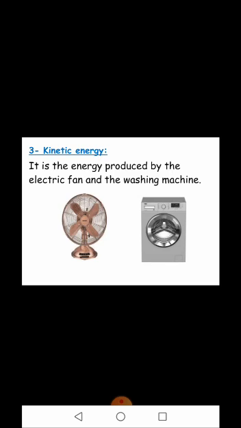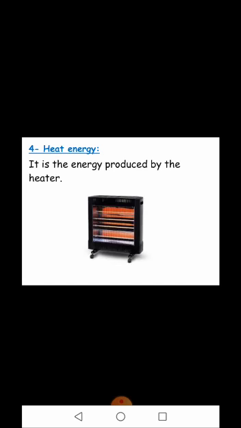So the energy produced by the electric fan or the washing machine is called kinetic energy. Number 4, the heat energy. Heat energy is the energy produced by the heater, because the heater gives us heat energy.